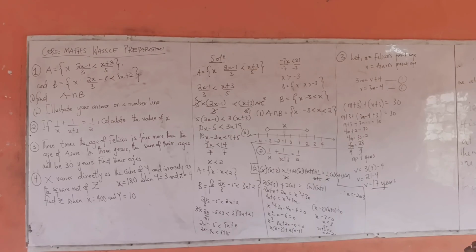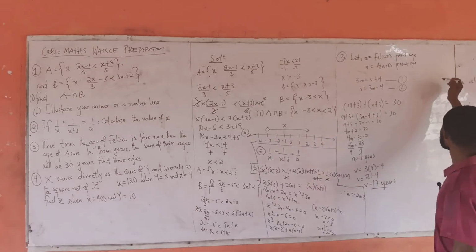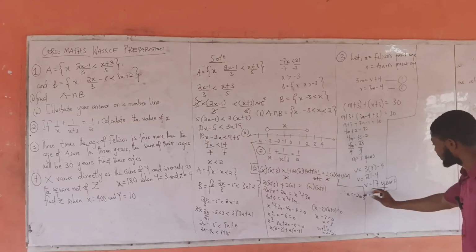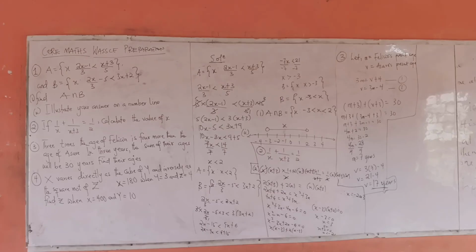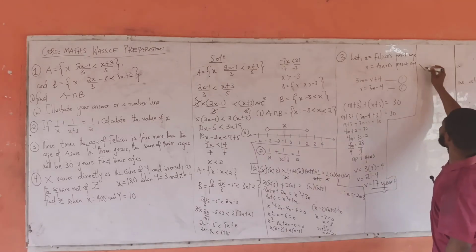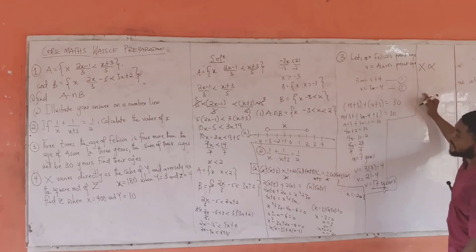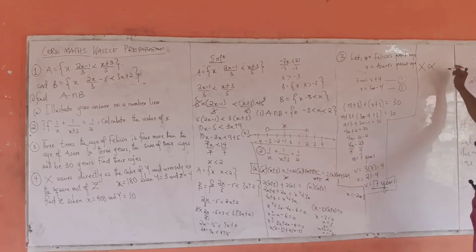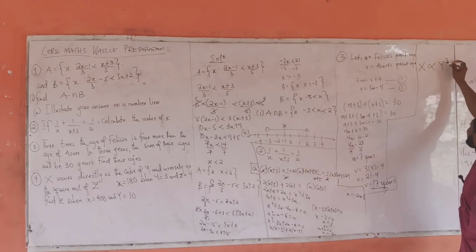The last question says that x varies directly. So here we have come to variation and then proportionality. x varies directly as the cube of y, so directly should be the one on top, like this.